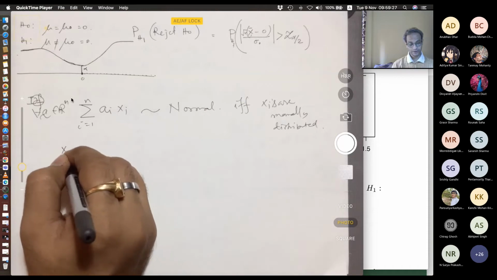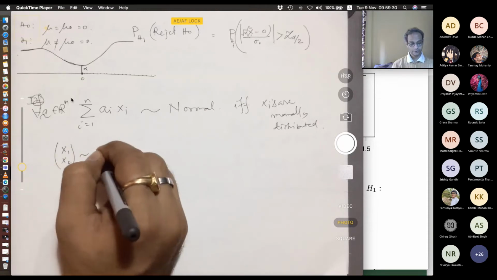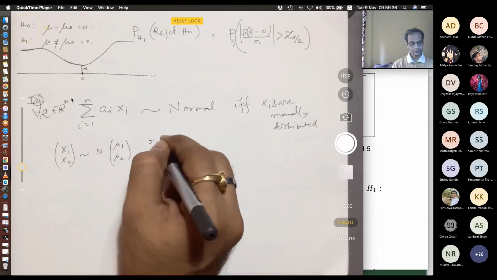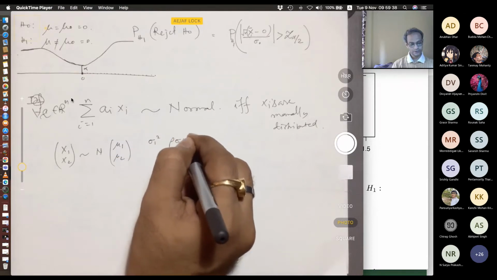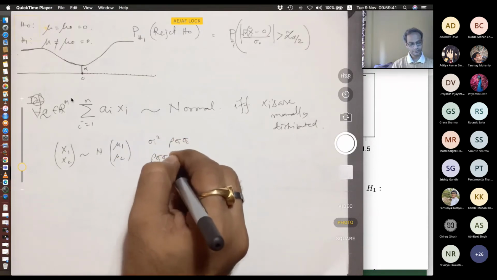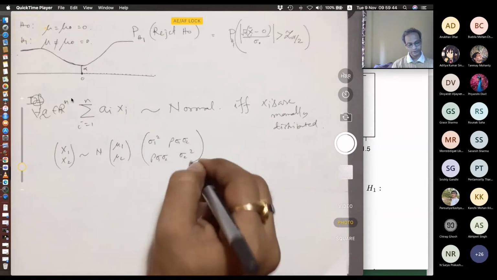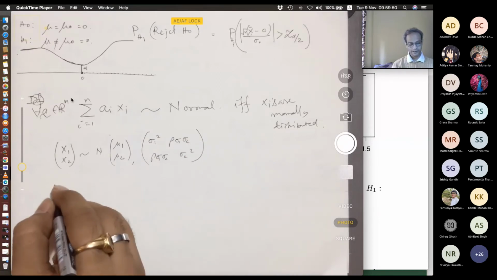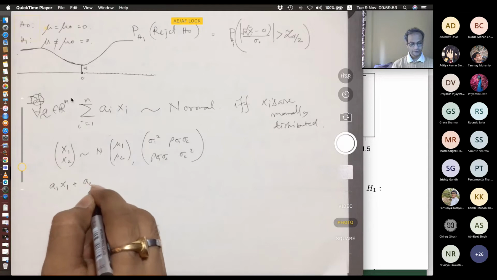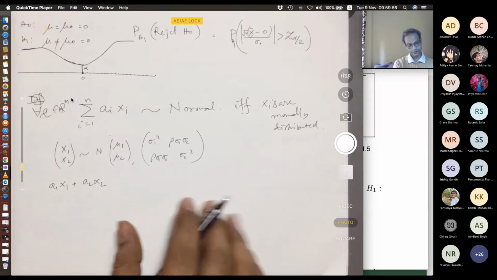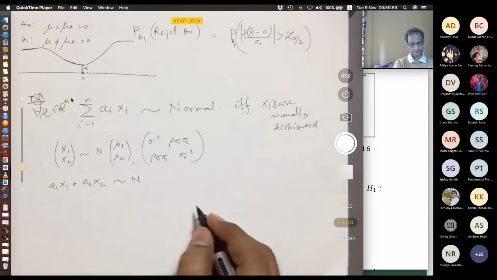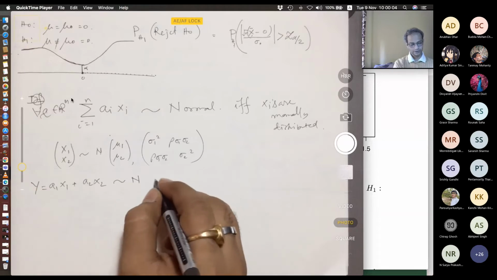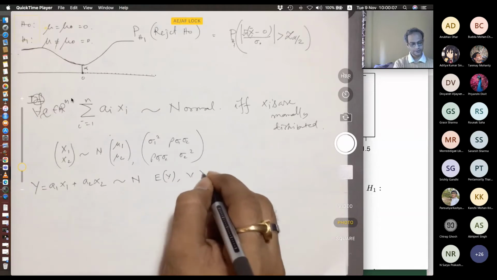So if (x1, x2) is following normal with mean vector mu1, mu2 and variance-covariance matrix sigma1 square, rho sigma1 sigma2, rho sigma1 sigma2, sigma2 square, then y = A1 X1 + A2 X2, you can immediately say, will follow normal distribution with expectation of y and variance of y.